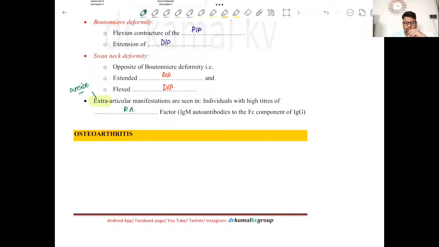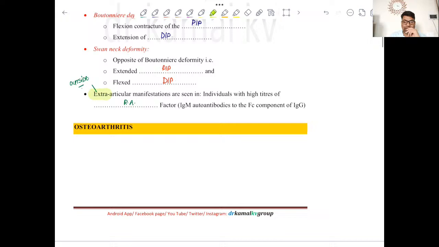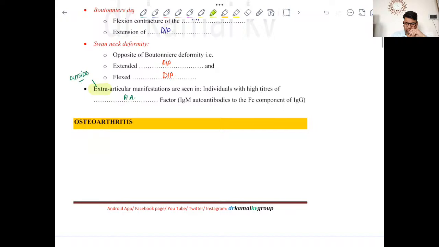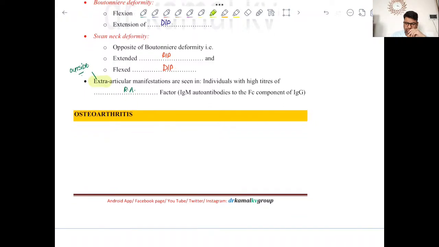RA factor is not just diagnostic, it is also prognostic, and it indicates that the person might have a grave course ahead. RA factor is actually IgM, autoantibodies to the Fc fragment of IgG. So this is in short about rheumatoid arthritis.